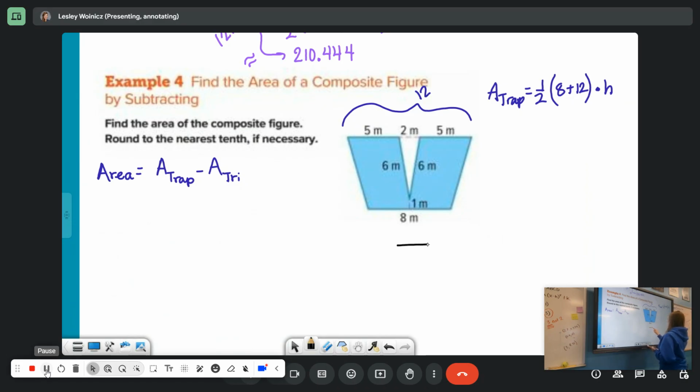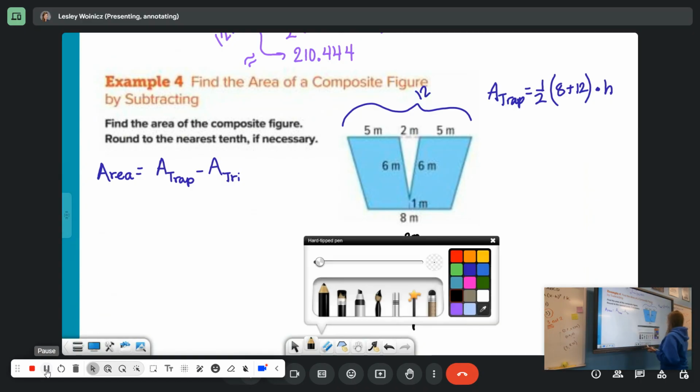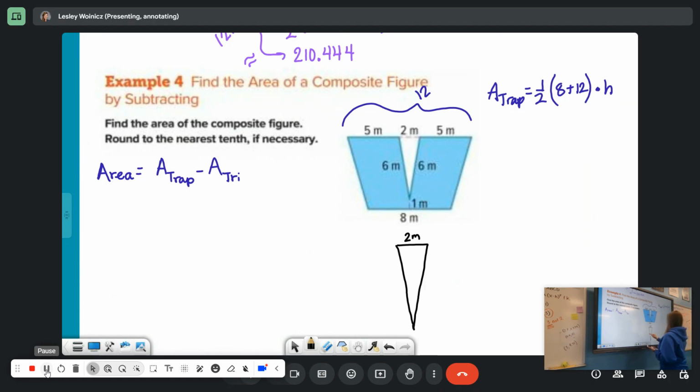All right, I'm going to redraw it. So I have here 2 meters and I have 6 meters and 6 meters.